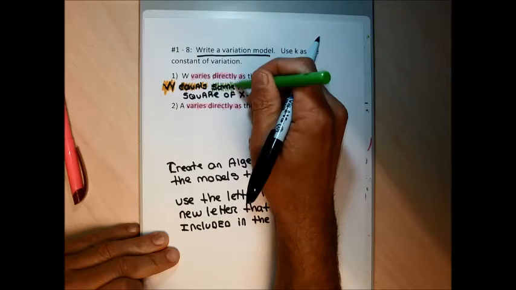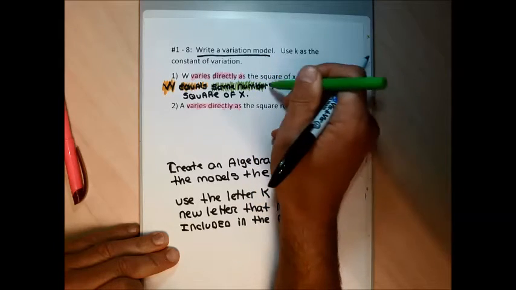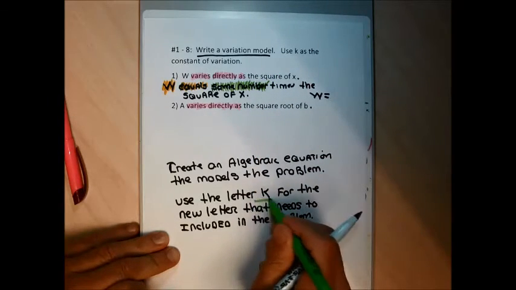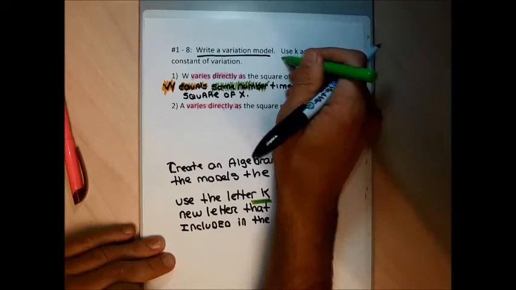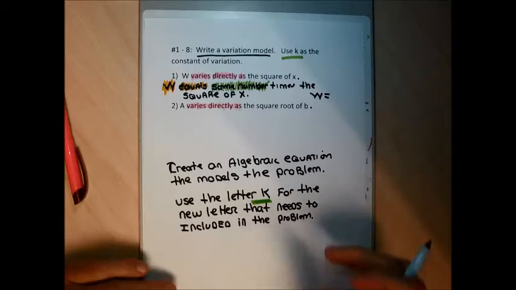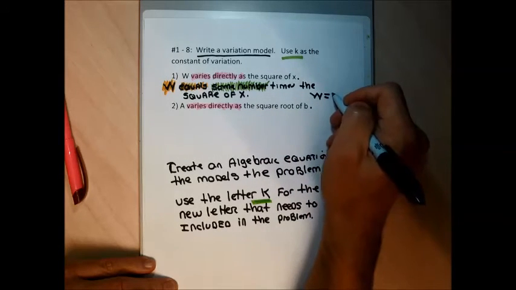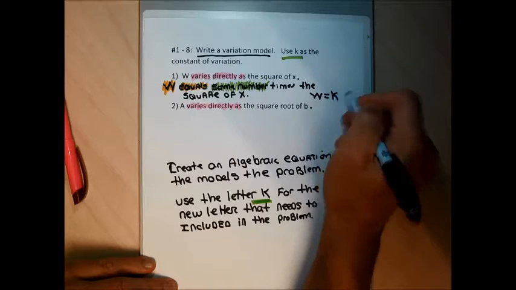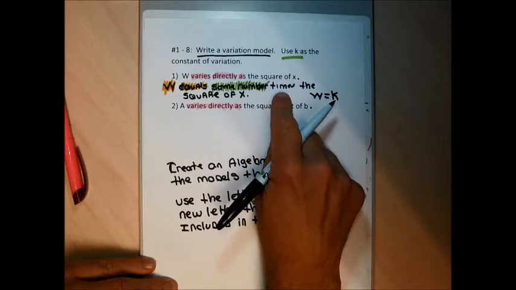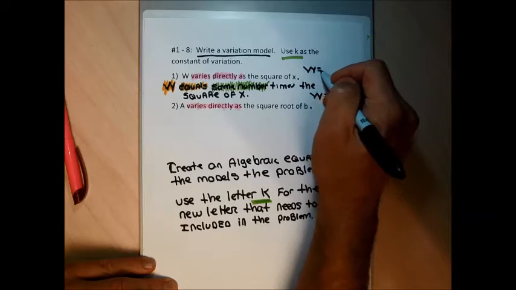And some of the problems will have X's already, some of them won't have X's already, but none of the problems will have K, and that's why this instruction says use K as the constant of variation, use K as the new letter that needs to be added into the problem. So for the "some number," I'm going to use the letter K. And then for the word "times," I could put a times sign in.